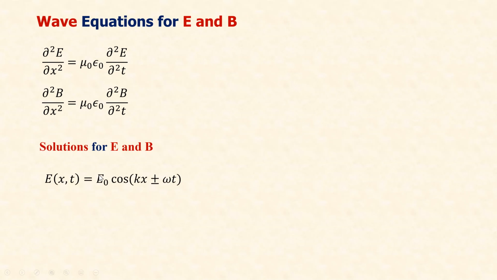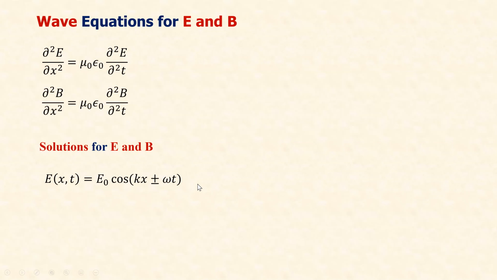E equal to an amplitude E naught, which is a constant for us right now, cosine of some number times X, plus or minus another number times T. So this is the general solution of these equations.